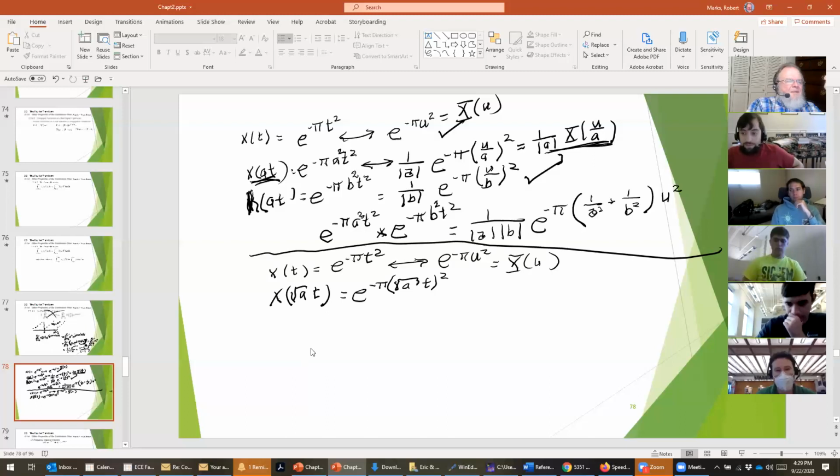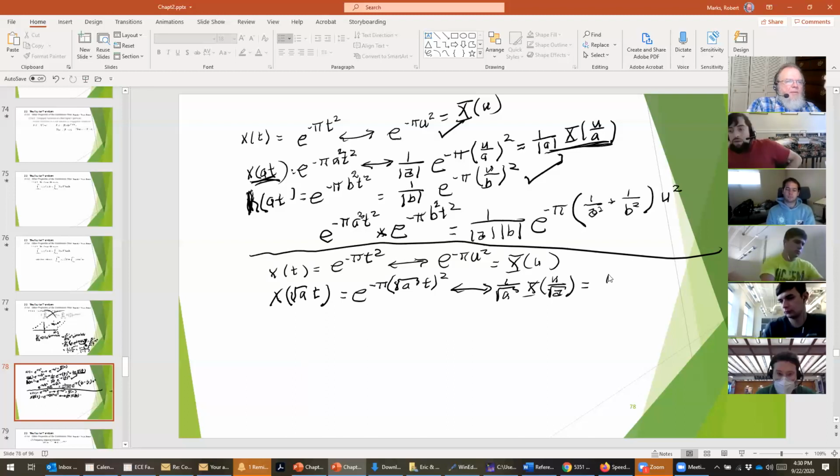Yes, please. Okay, and I apologize for this. So this Fourier transforms to 1 over the square root of A times x of u over the square root of A, which in our case would be 1 over the square root of A times e to the minus pi times u over the square root of A, squared.